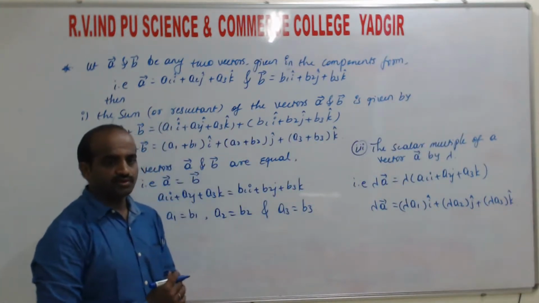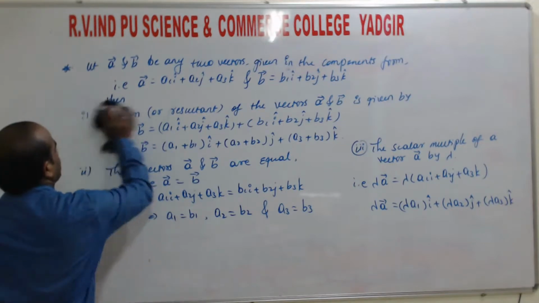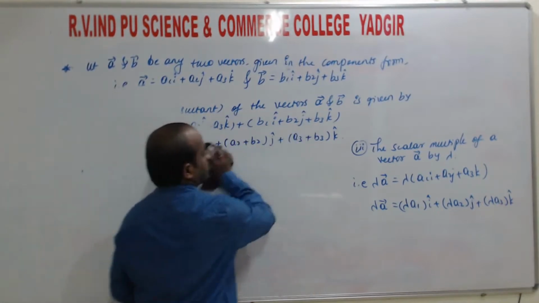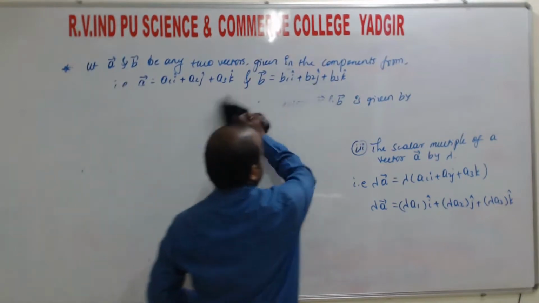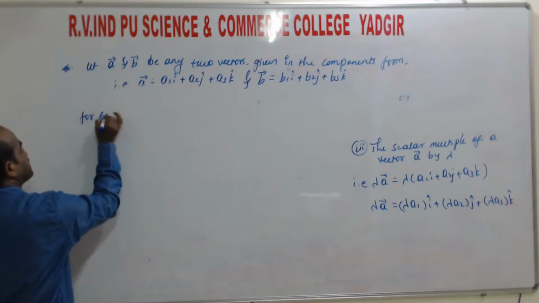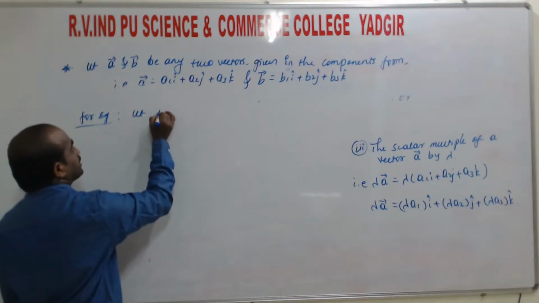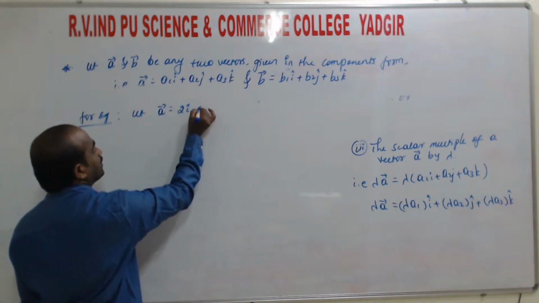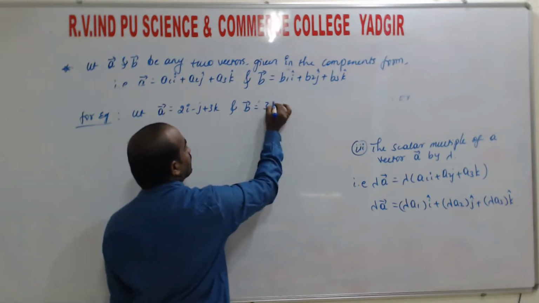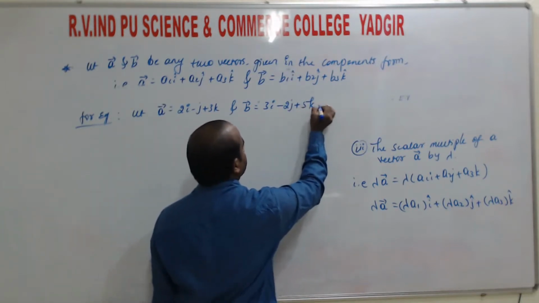These are the 3 points. For example, let two vectors in components form: a vector is equal to 2i minus j plus 3k, and b vector is equal to 3i minus 2j plus 5k.